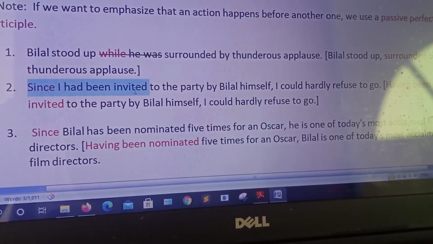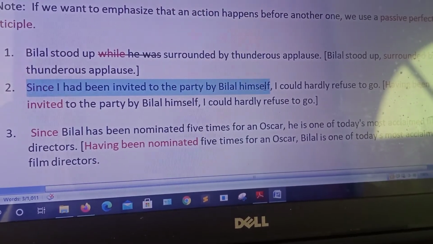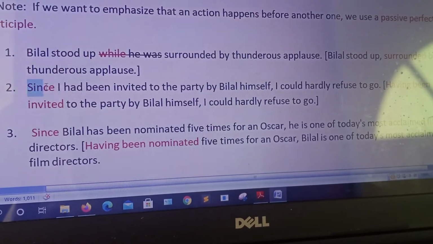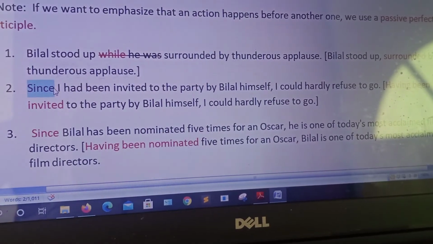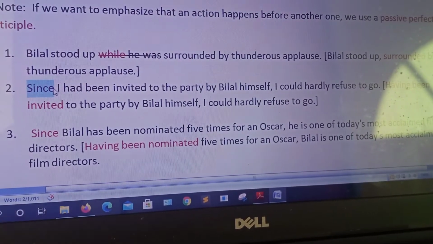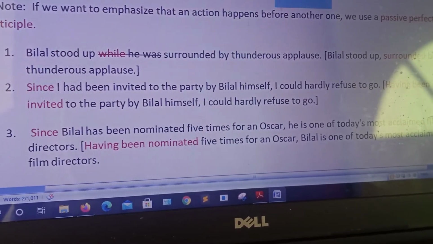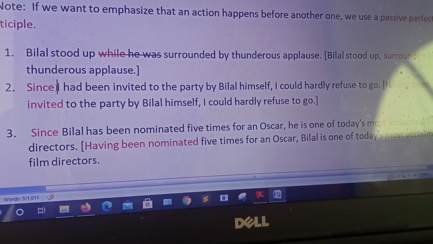See the second one. Since I had been invited, which is a passive structure already, to the party by Bilal himself. Since is the connector used with adverb clauses of cause. So in that case we can use the passive perfect participle. Passive perfect participle means having been plus verb third form. I is the subject, so we need to remove it.